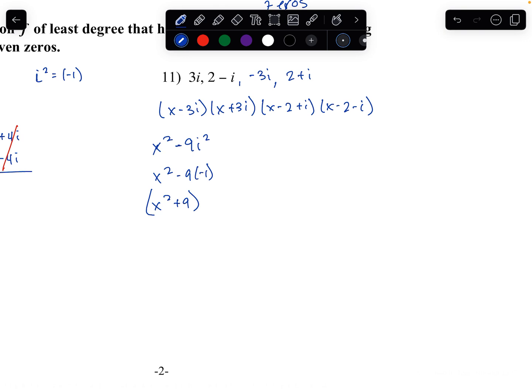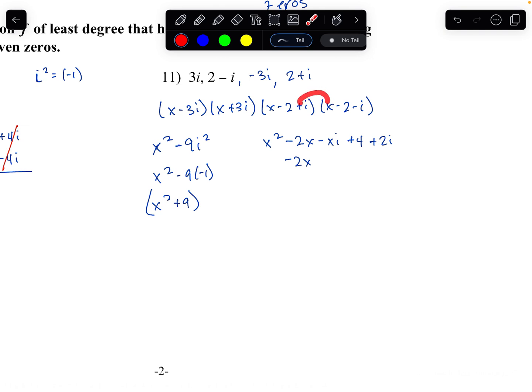And so when I multiply these together, I'm going to get x squared. x times negative 2 is negative 2x. And x times negative i is negative xi. Negative 2 times x is going to give me negative 2x. Negative 2 times negative 2 is going to give me plus 4. Negative 2 times negative i is going to give me plus 2i.